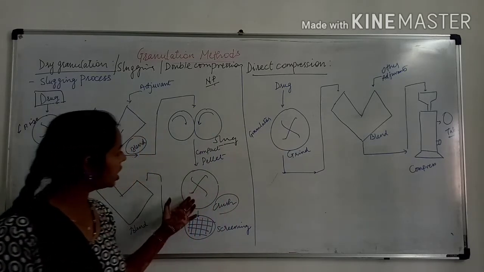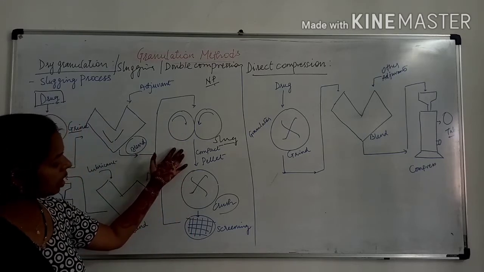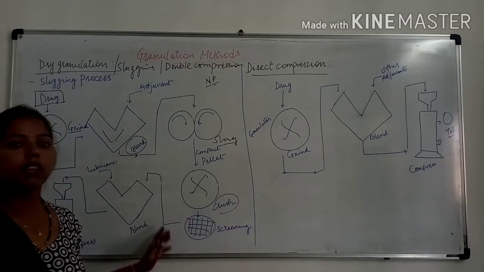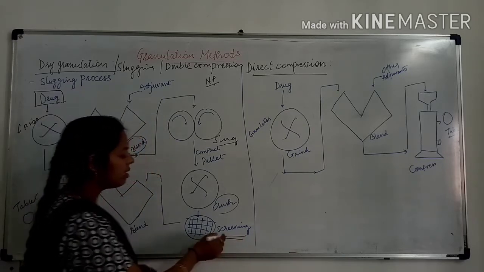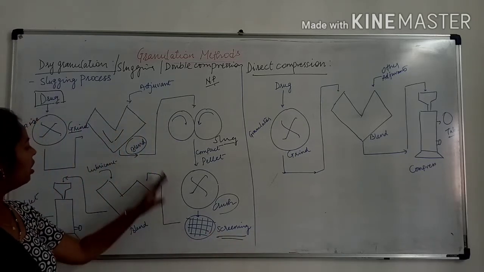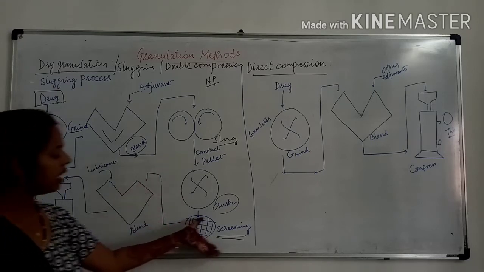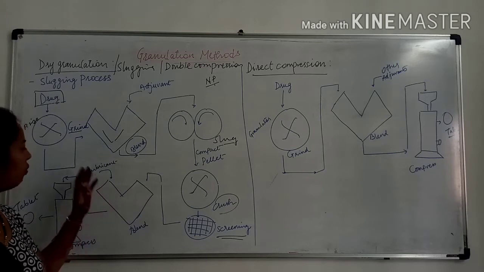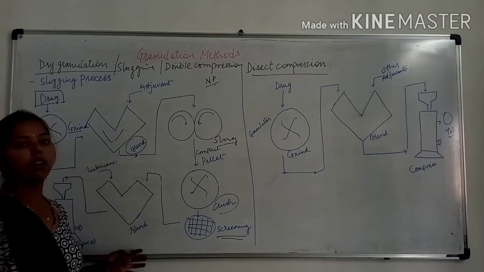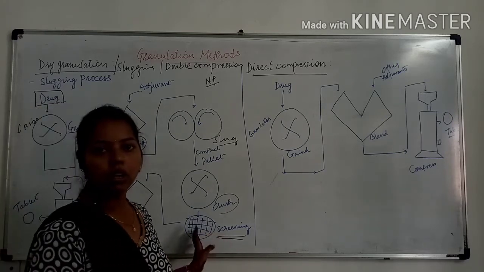and after crushing this larger slug, we again pass the content through the sieve. After the sieving process, we take the sieved or screened content into the blender, and now we mix the lubricant along with the dried granules.